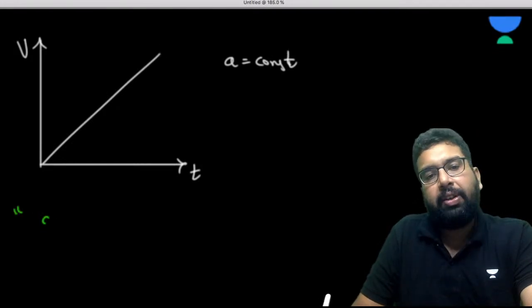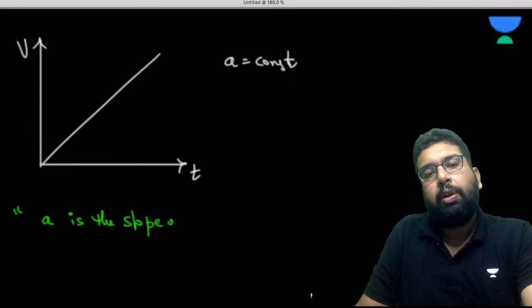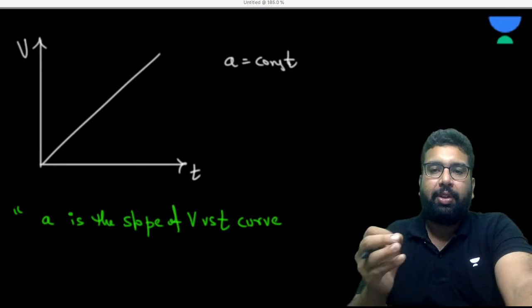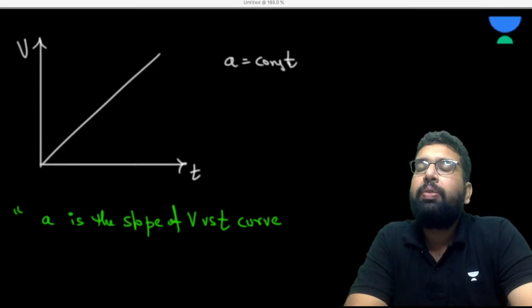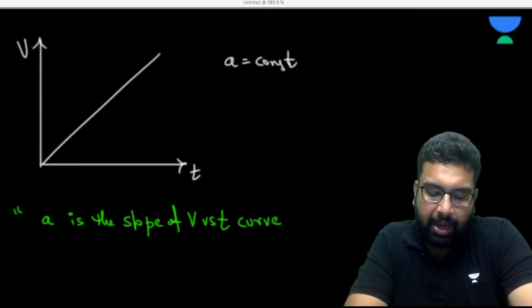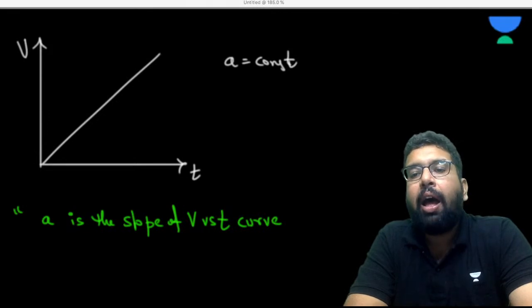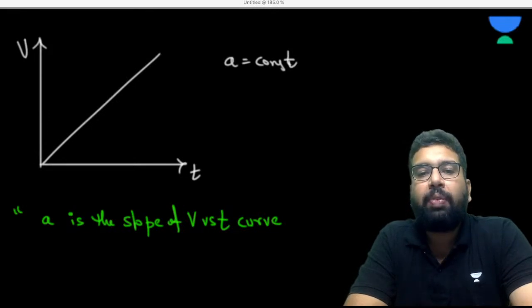The slope of the displacement versus time curve gives you the velocity, and the slope of the velocity versus time curve gives you the acceleration. I hope it is fine to everyone.